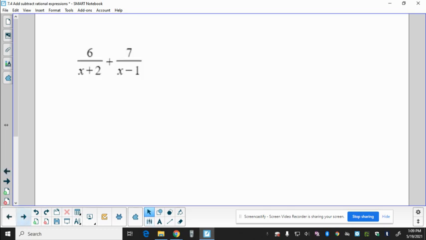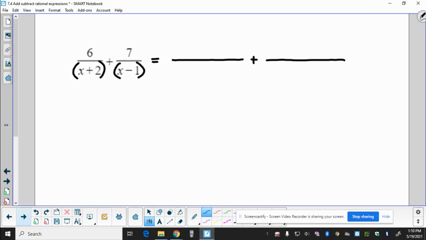Let's do a couple more. All right, everybody, let's go ahead and rewrite this as two new fractions. So the question is, what should the denominator be? Now keep in mind, you've got these two denominators which are different than one another, right? So I'm thinking what we need to do is have one denominator that's x plus 2, and the other denominator x minus 1.